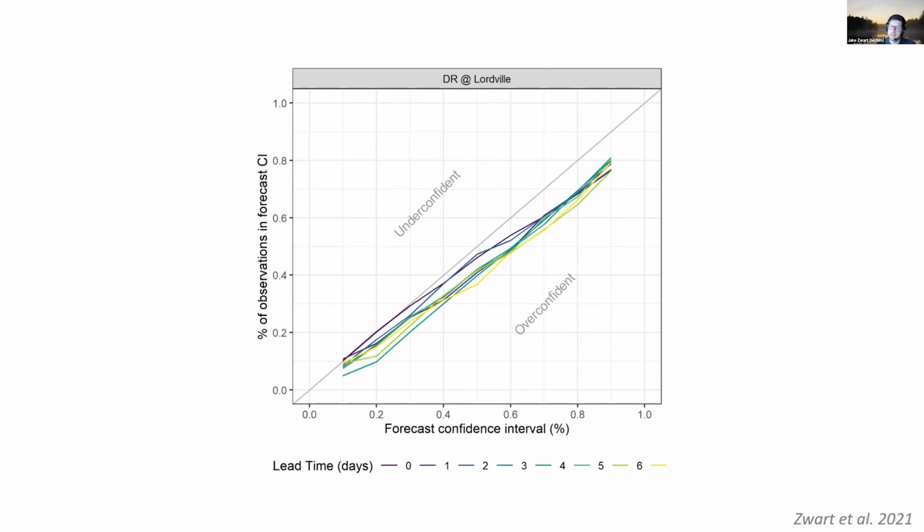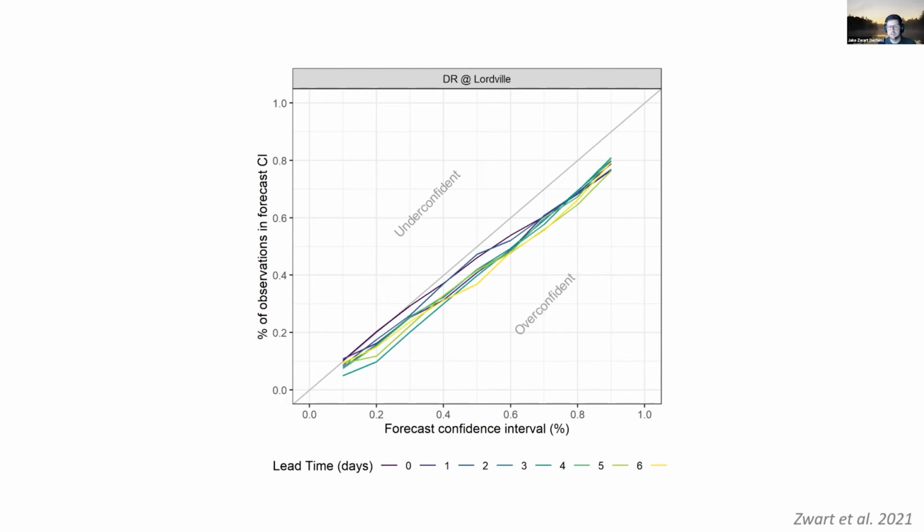Our hope is that these colored lines would fit along this one-to-one diagonal line, and that would indicate that our model is characterizing uncertainty perfectly, because that would be 10% of the observations falling in 10% of the confidence intervals and 90% of the observations falling in 90% of the confidence intervals. However, only about 80% of the observations were falling in the 90% confidence intervals, which indicates that our model is slightly overconfident.